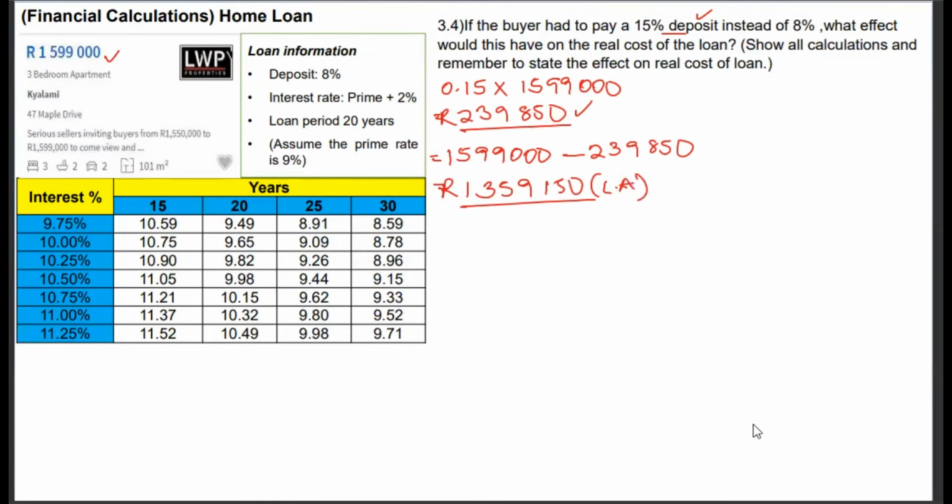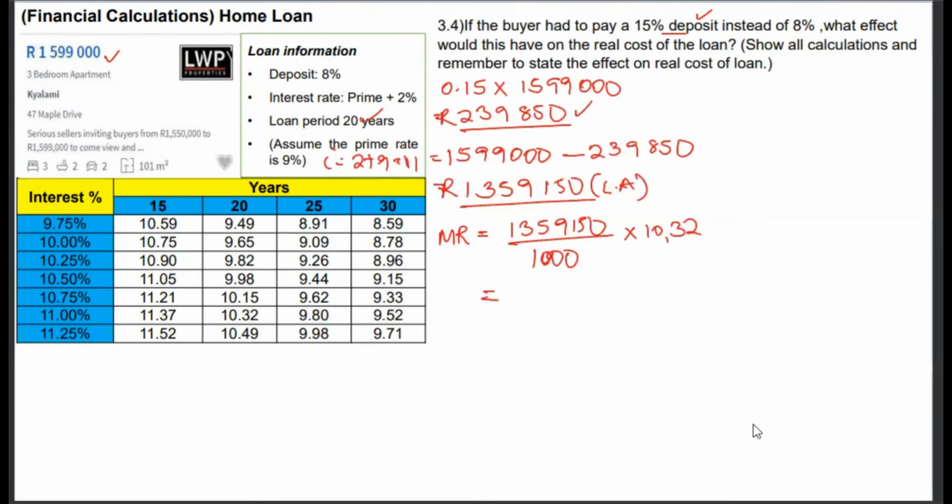So what do we do? We look for the monthly repayment. The monthly repayment will be that much money divided by 1,000 times 10,32. Why do I say 10,32? The interest remained 2 plus 9, which is 11. The period is still 20 years.